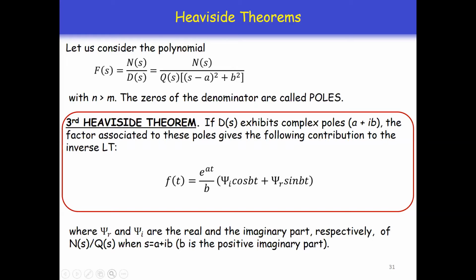A exponential of at divided b, where a is the real part of the pole and b is the imaginary part of the pole, times the sum of two oscillating functions that you can clearly see there, where psi r and psi I are the real and the imaginary part, respectively, of the ratio n over q, calculated in correspondence of the complex pole, where n is the original numerator of the original polynomial in the Laplace domain, and q is what you can see on top of the slide.